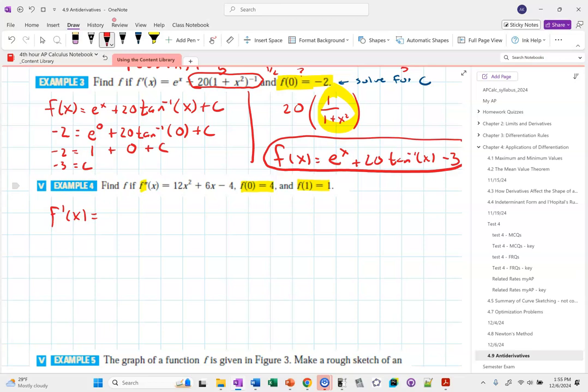So again, I'm going to go term by term. So I'm going to ignore the 12. What's the antiderivative of x squared? Okay, let's just do that way though, right? Is that okay with everybody? Okay, and the antiderivative of x is x squared over 2, very good.